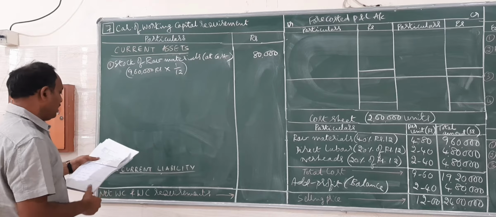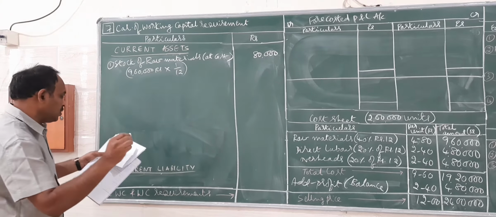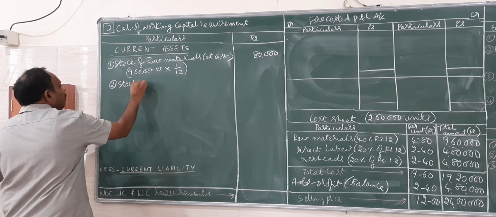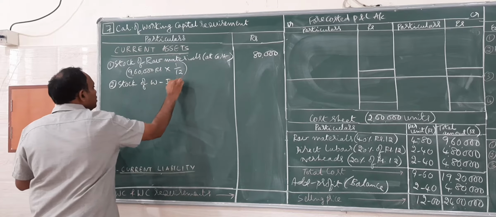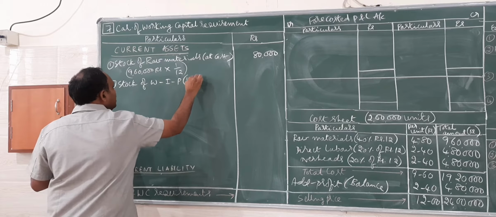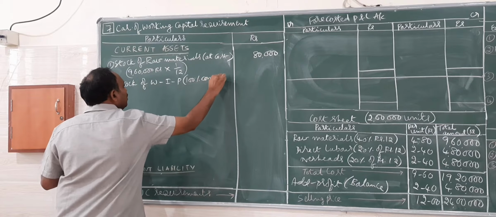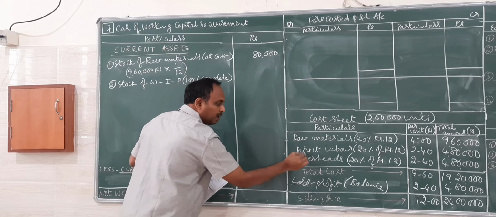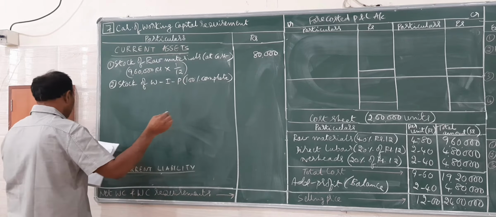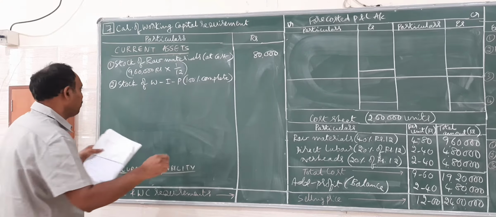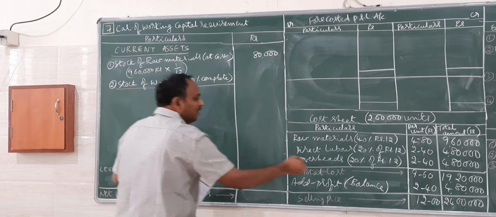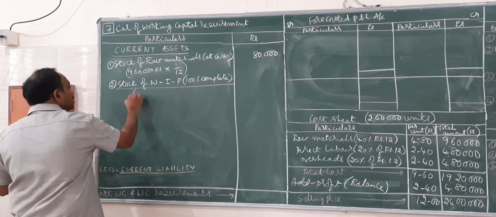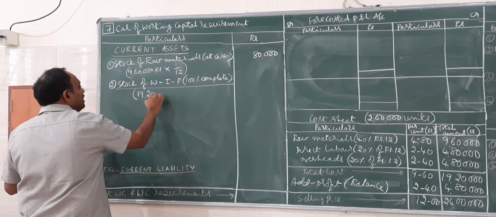Next, materials will be in process. In process means that is stock of work in progress. So it is given as 100% complete: 100% complete for raw material, 100% for labor, 100% for overheads. They have only given that in point number D. So for that we will be taking the total cost here, 19,20,000, instead of calculating all the three elements separately.